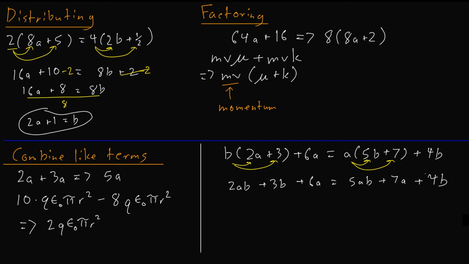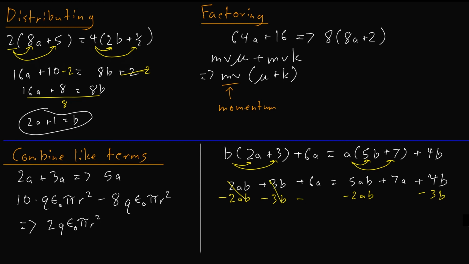Okay, so after that step, we arrive here and we want to combine the like terms. Okay, so let's do that. We could start out by subtracting 2ab from both sides, right? So this will cancel here. And then we could subtract 3b from both sides, and this will cancel here.